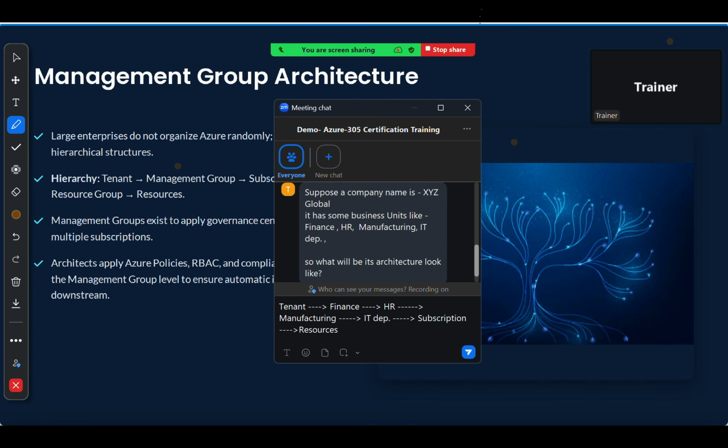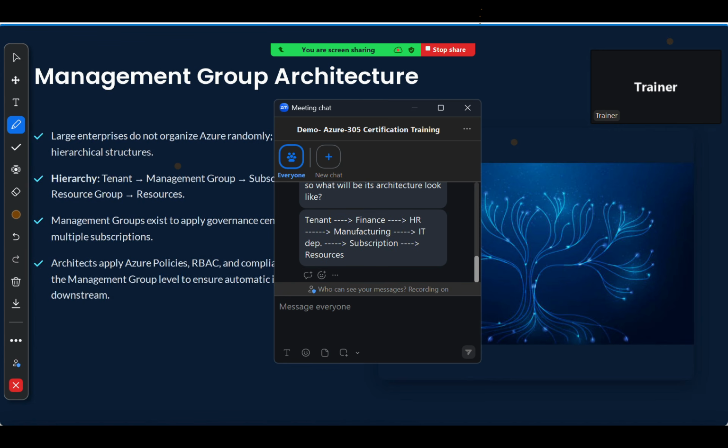So this is the correct answer. So the tenant is finance, then the management group is HR, the subscription is manufacturing, then the resource group is IT.